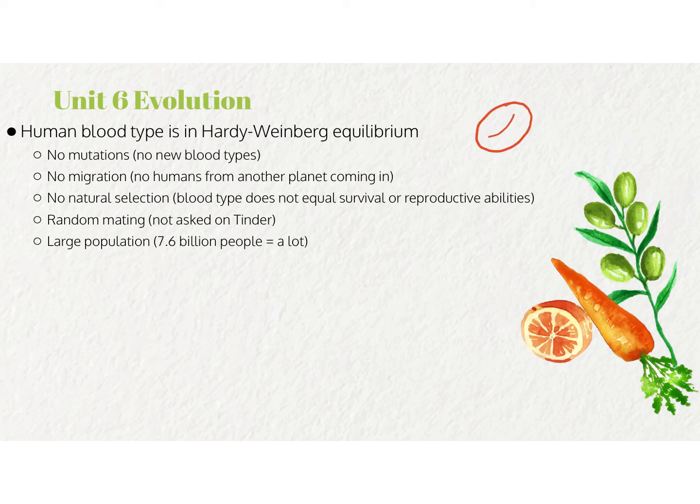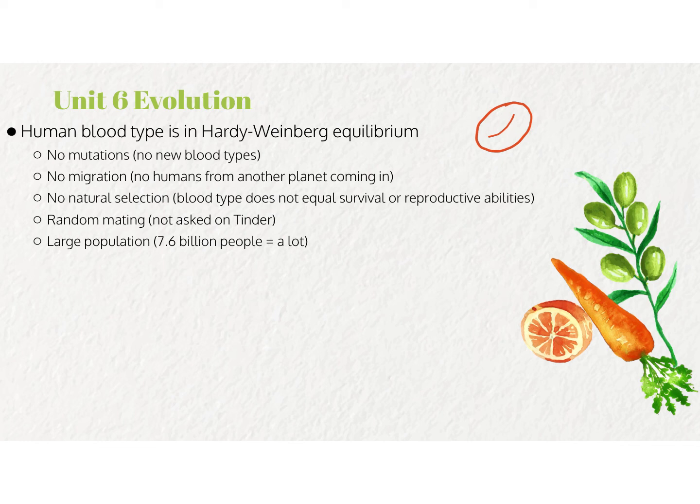As I mentioned, human blood type, which is based on a carbohydrate chain on the red blood cell, is in fact in Hardy-Weinberg equilibrium. So when we look at the evolution of species or evolution of populations, we have to remember that with Hardy-Weinberg, there are certain conditions that must be met. In the case of carbohydrates, or specifically the carbohydrate chains on the red blood cells, this is an example of a gene that is in Hardy-Weinberg equilibrium.